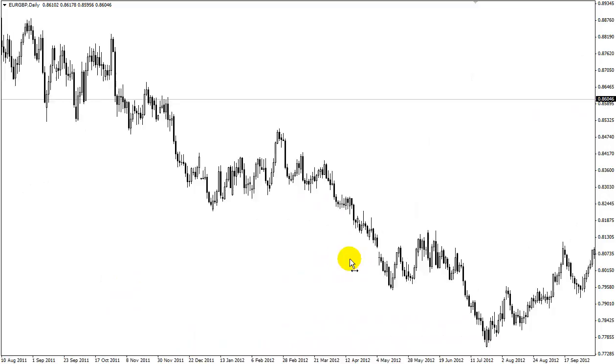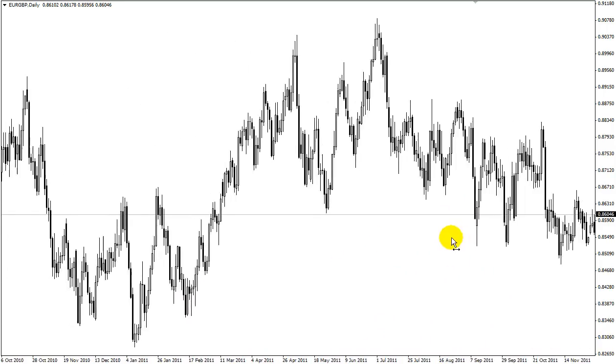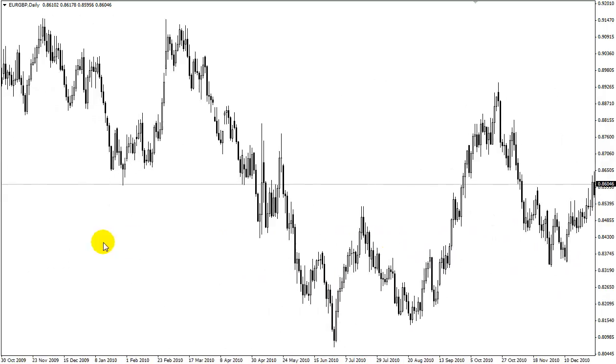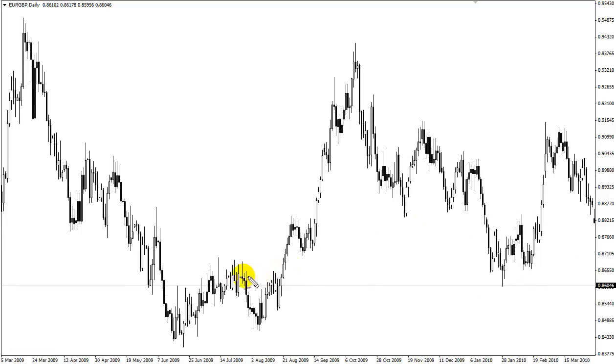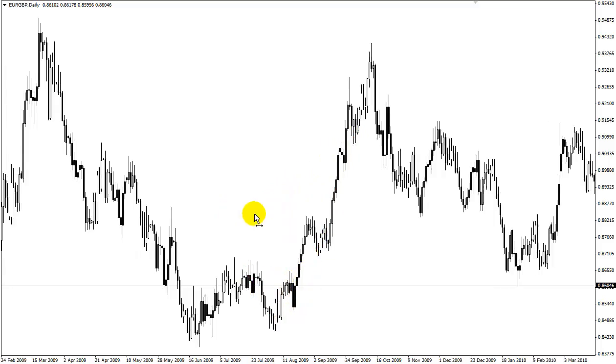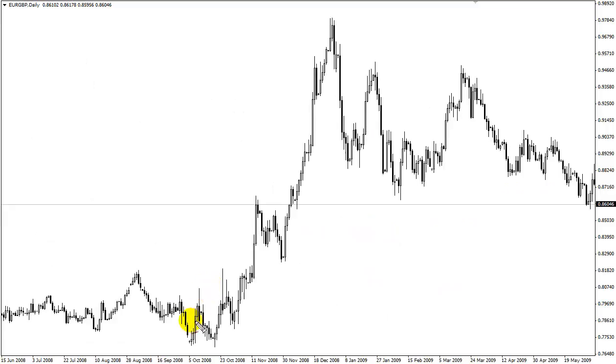If we scroll backwards on the chart, we can find many of these patterns. Here is another one, the cup, the handle, strong breakout, right?